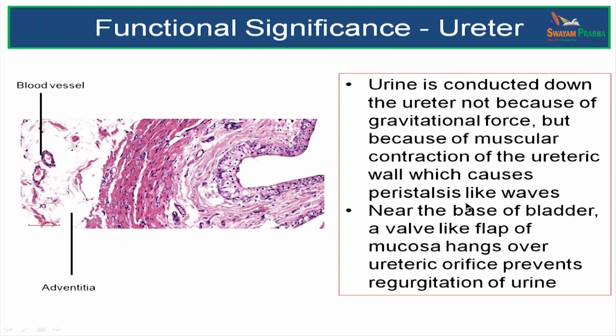So, this will produce a peristalsis like wave. Also, near the base of the bladder, a valve like flap of mucosa is going to hang over the ureteric orifice that will prevent regurgitation of urine from the bladder to the ureter.